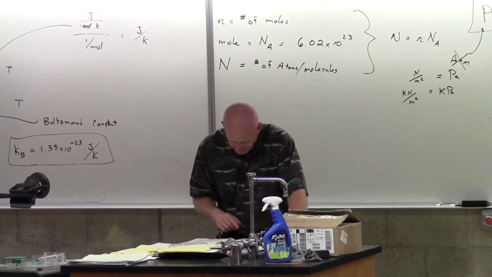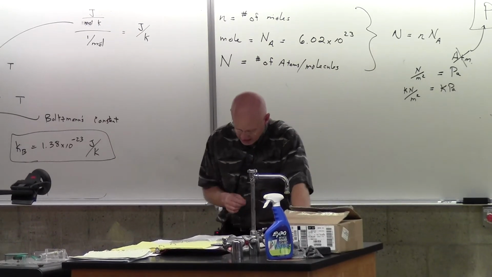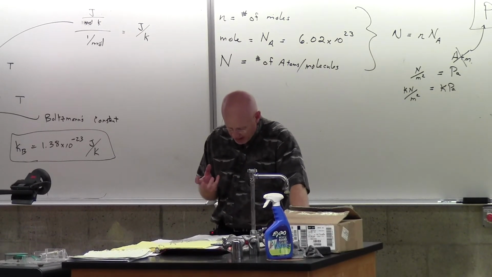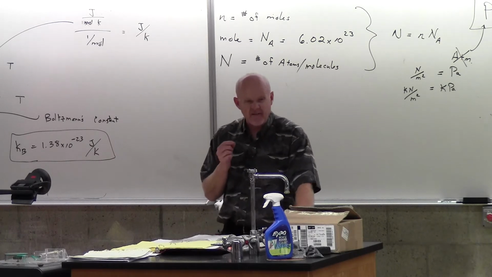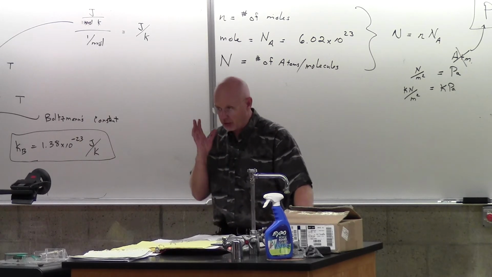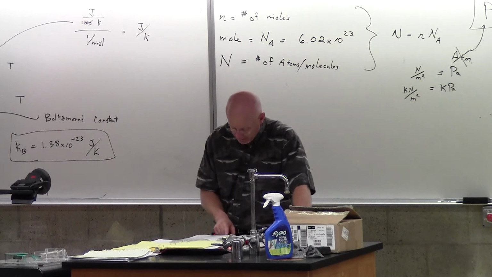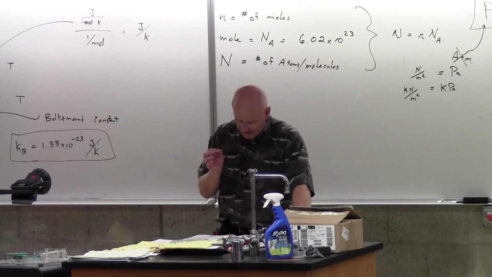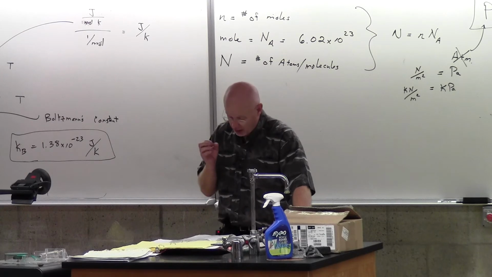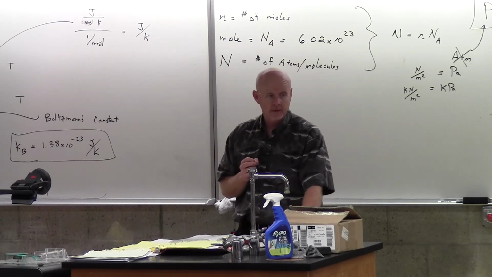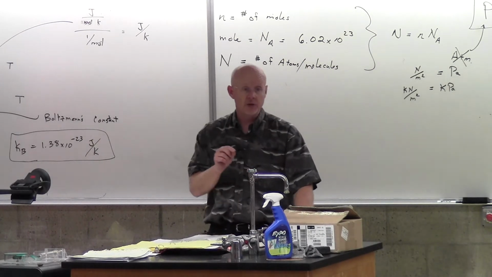Listen to this one here. It says, at 20 degrees Celsius, an aluminum ring has an inner diameter of 5.0000 centimeters. A brass rod has a diameter of 5.050 centimeters. Can we fit the two together?